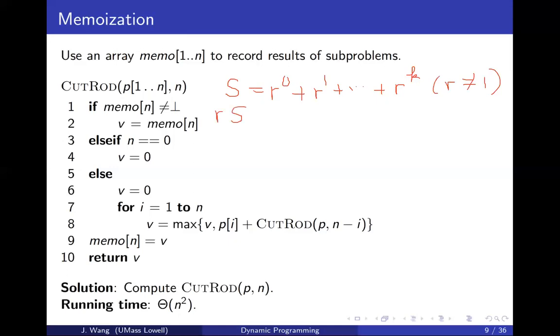So rS, that's the left side. The right-hand side becomes r to the 1 plus r to the 2 plus up to r to the k plus 1.